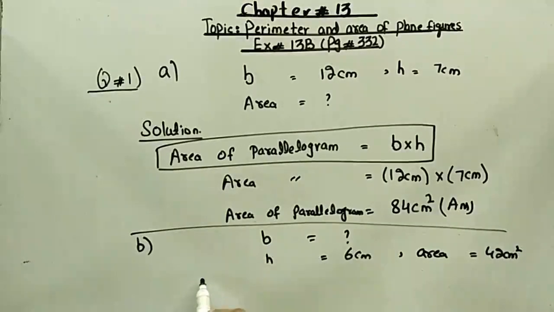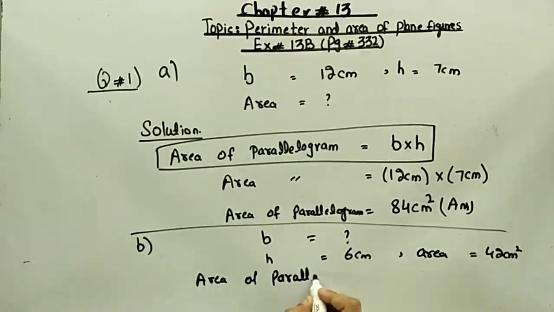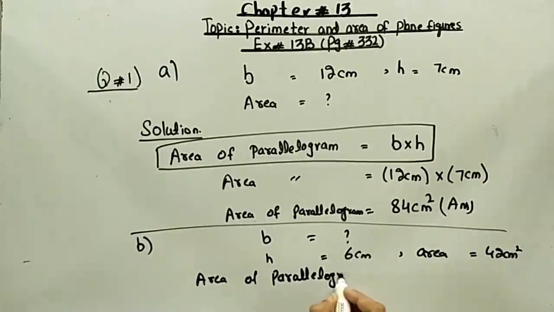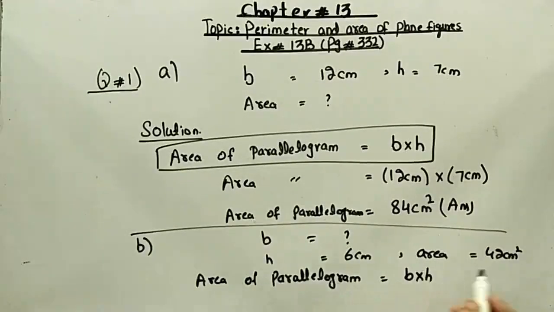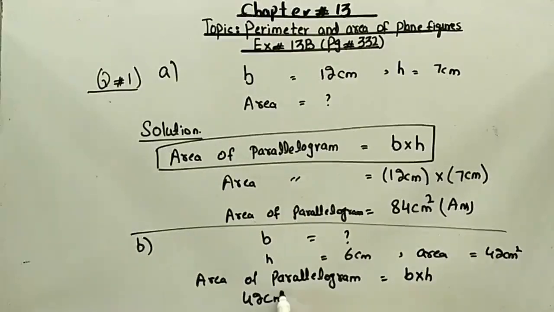So simply we will write again area of parallelogram formula, base multiply height. So put the value of area of parallelogram. What is the area of parallelogram? 42 centimeters square.